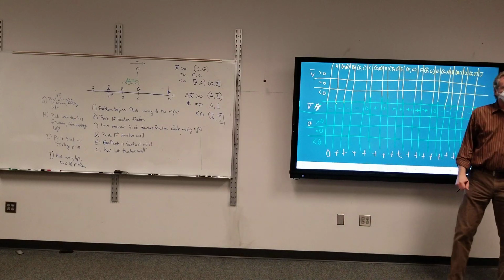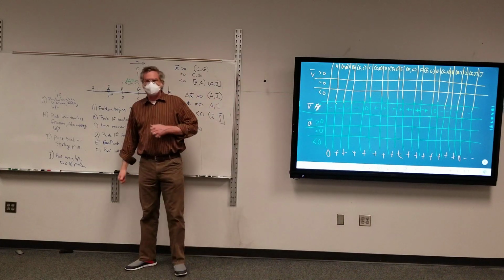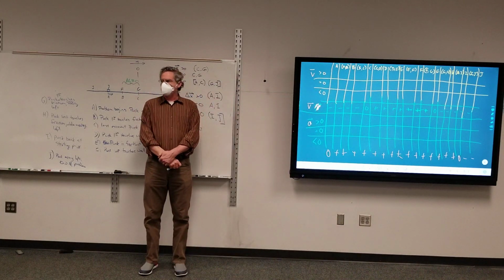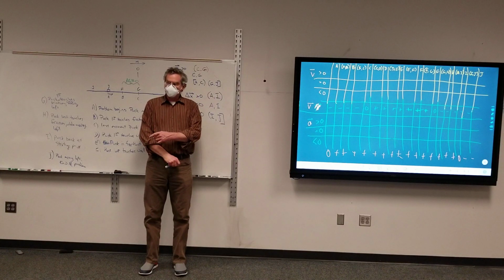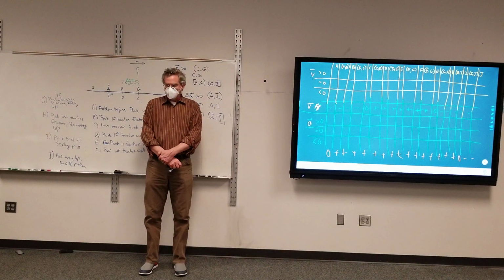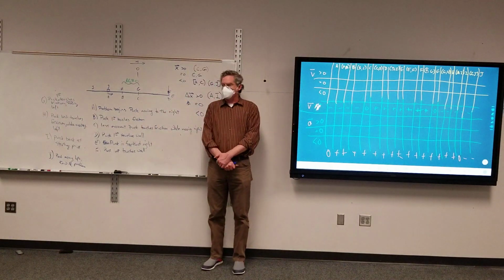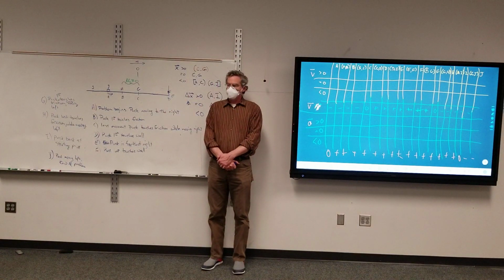All right. What determines the sign of velocity? The direction of your speed. Okay, it is the direction of the speed. In this case right here, when is the velocity positive?